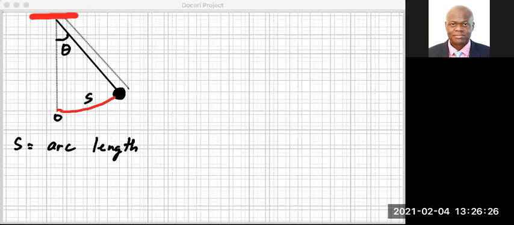You're going to do a lab on this, so you'll find this information useful. So L is the length of the pendulum, and in the lab you measure L from the point where the pendulum is supported to the center of the pendulum ball, the mass that is attached to the pendulum.